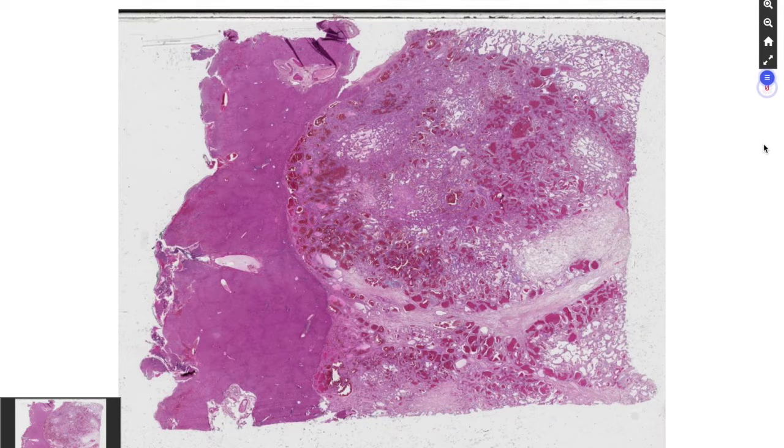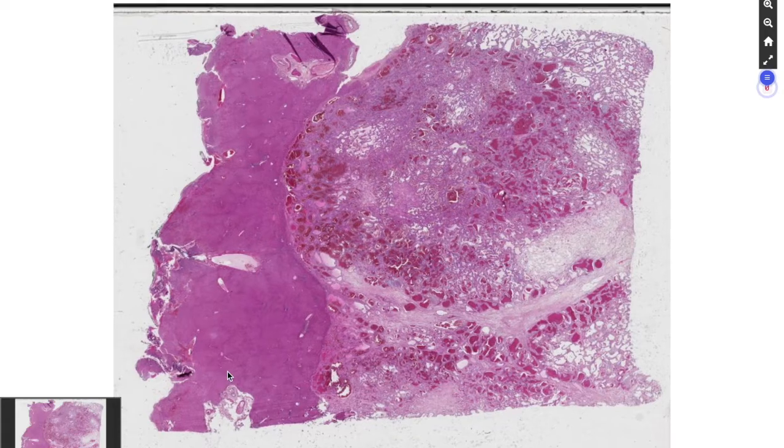So here is the slide from the surgical resection. You have here the adjacent non-tumor liver, and here the tumor. We'll just have a quick look at the adjacent liver.